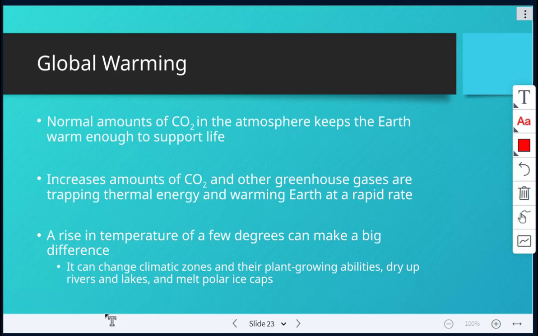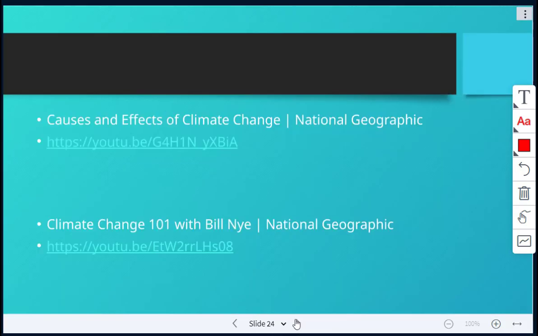Okay, and that rise in just a few degrees in our temperature can make a big difference. It can change climatic zones and their plant growing abilities. It can dry up rivers and lakes, and it's also melting the polar ice caps. All right, so we'll talk a little bit more about climate change and the effects of climate change. We'll watch a couple of these videos.